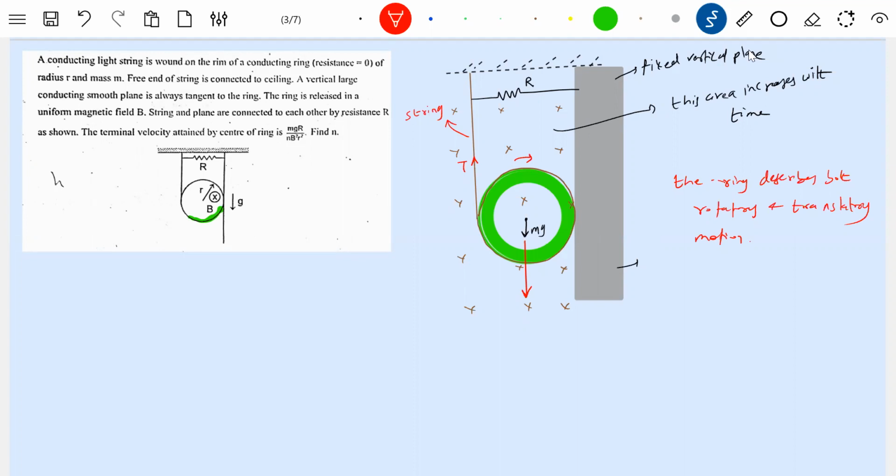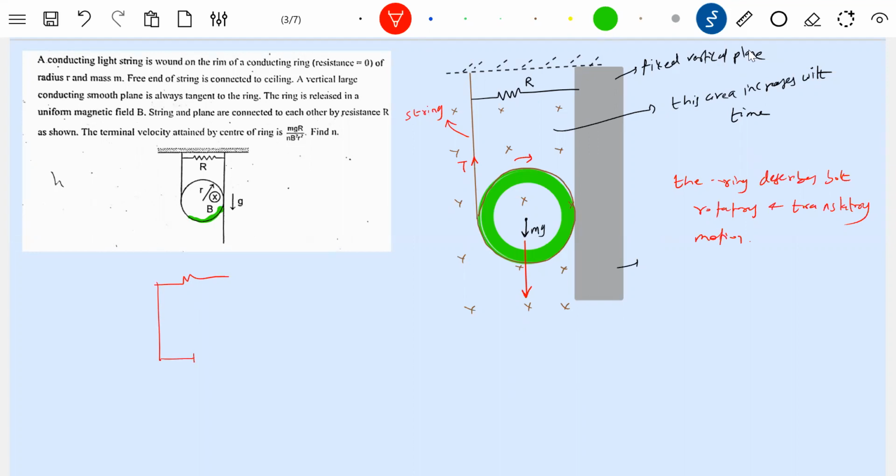So he is finally asking us to get the terminal velocity attained by the ring. Will there be any flow of current, anything we can say here? I think for this entire falling ring we can go for the circuit. B into the plane, velocity.